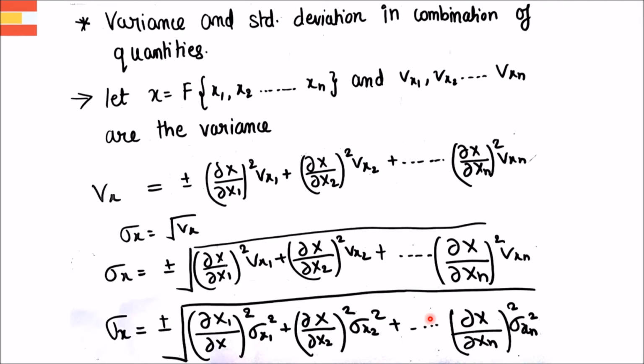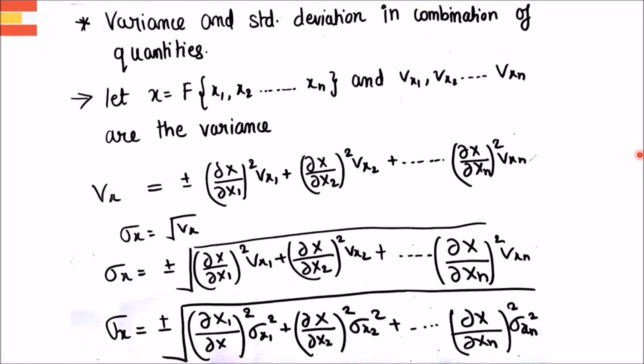Now let's talk about variance and standard deviation in the combination of quantities. When various quantities are combined, how do we find the variance and standard deviation? This is the most important part in the analysis of random quantities. Let x be a function of x1, x2 up to xn, and Vx1, Vx2 up to Vxn are the individual variances.